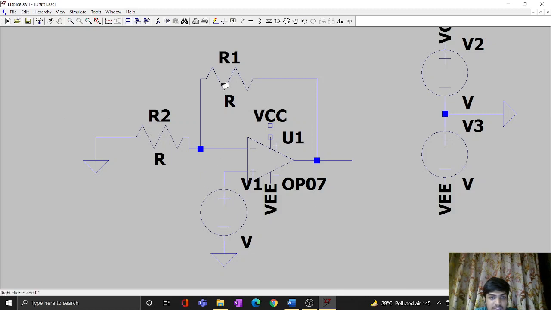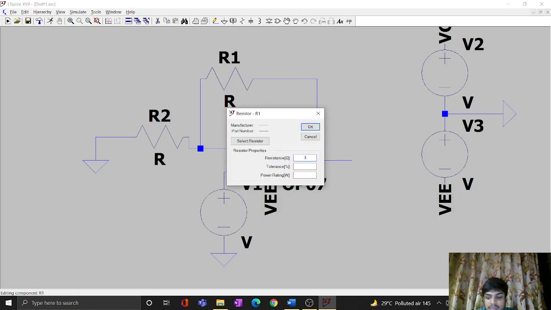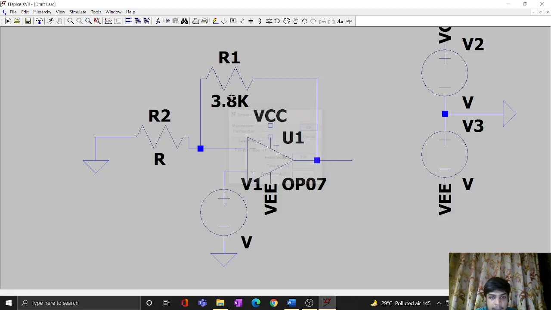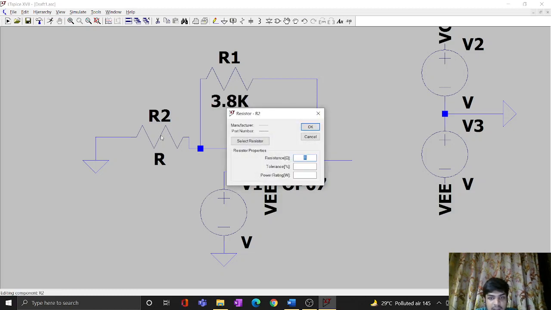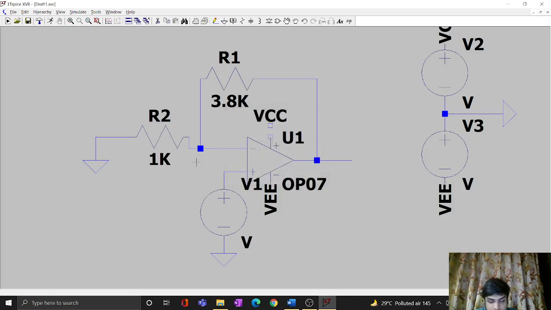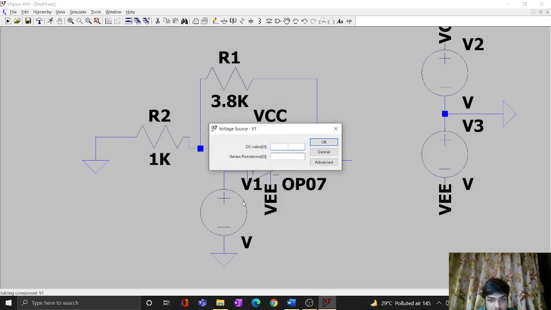Now we'll be assigning the values. As we know, in non-inverting amplifiers, the gain is given by 1 plus Rf upon Ri. So in this case, to get a gain of 4.8, we'll be giving the Rf as 3.8k and Ri as 1k, and I'll give the DC value as 1 volt.